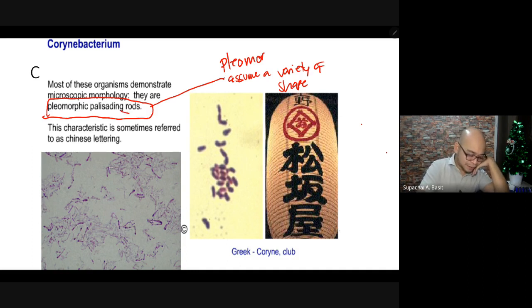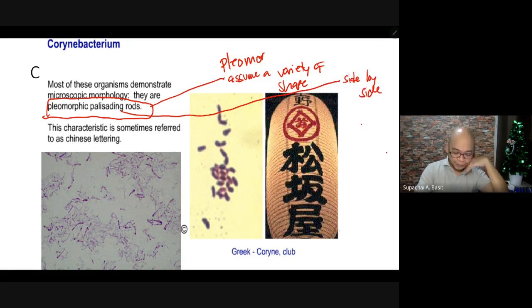Palisading means that they are arranged side by side. The term coryne is actually a Greek word which means club.